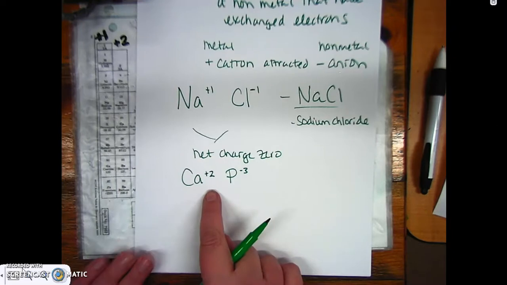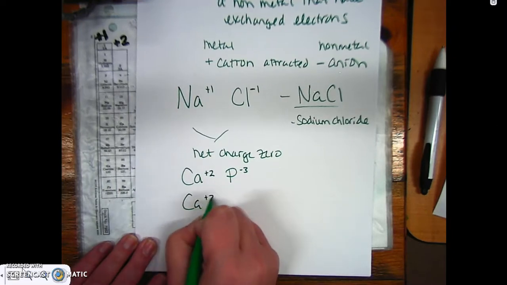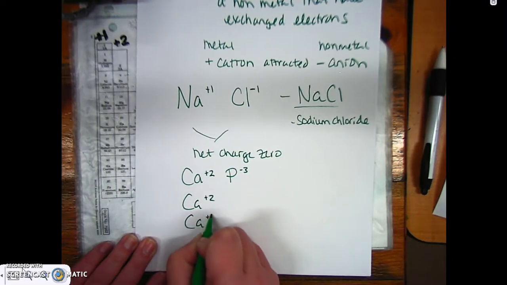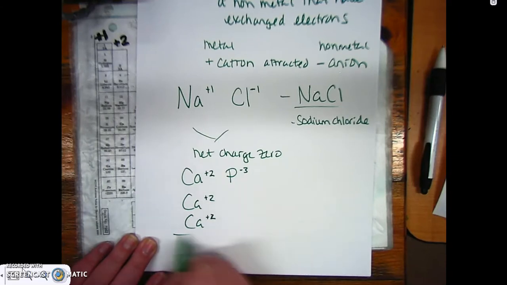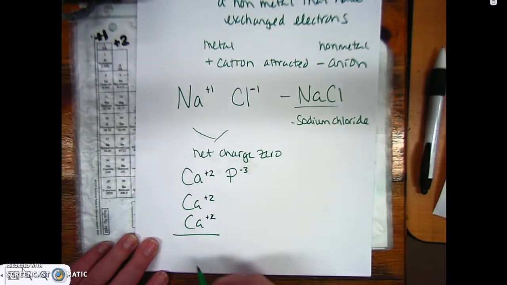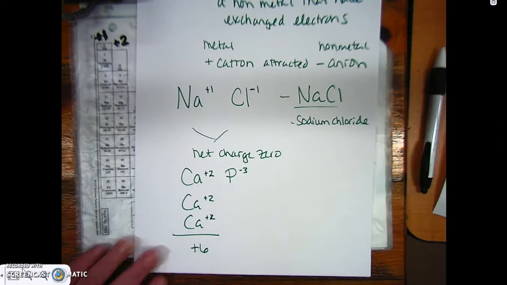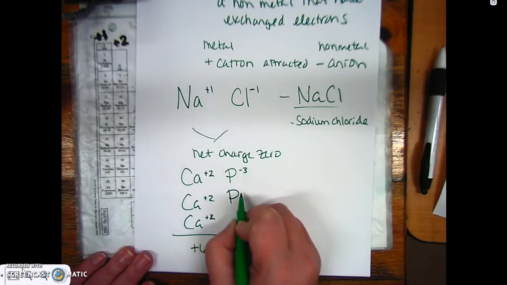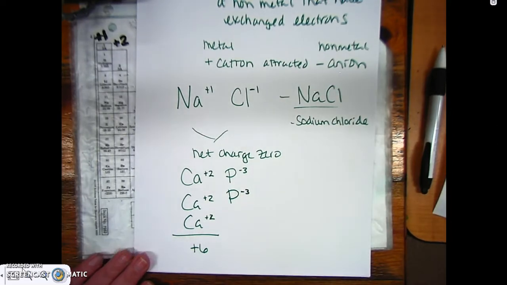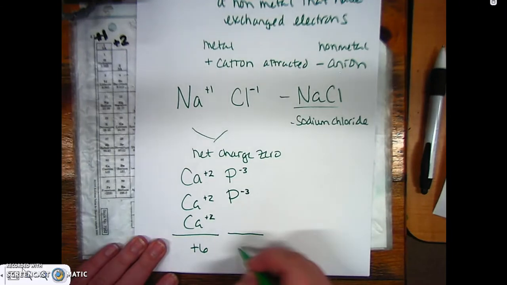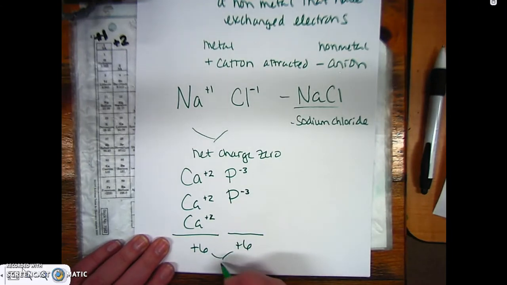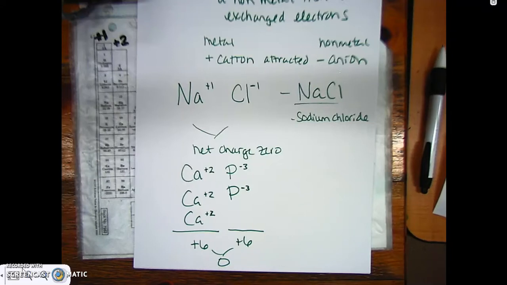So actually, we're going to have 1, 2, 3 calciums so that they add up to a charge of +6. And to balance that out, we have 2 phosphide ions that each have a charge of -3, so that the net charge together will be 0. That's how we can figure out what ratios they come together in.